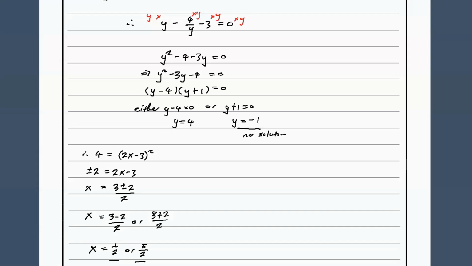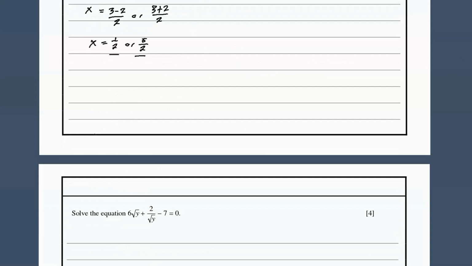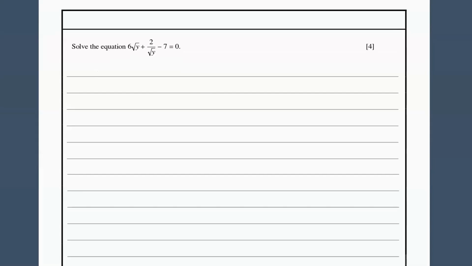We want to go on to another example. I want you to look at this one here. Solve the equation given. I'll say here, let u be equal to the square root of y. Here, that would therefore be 6u plus 2 over u minus 7 equal to 0.